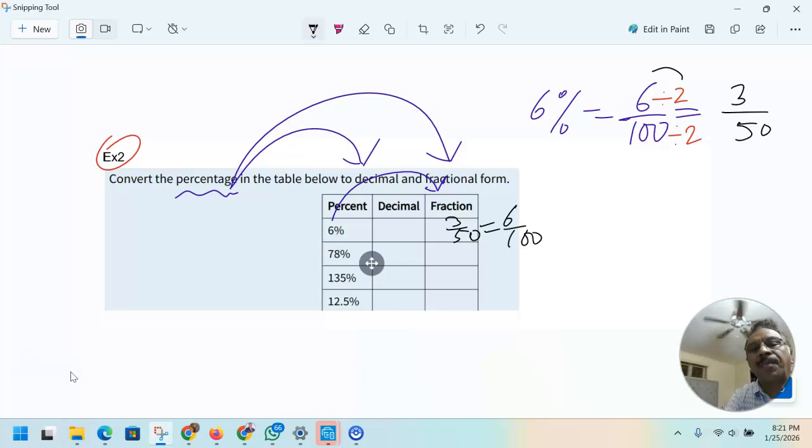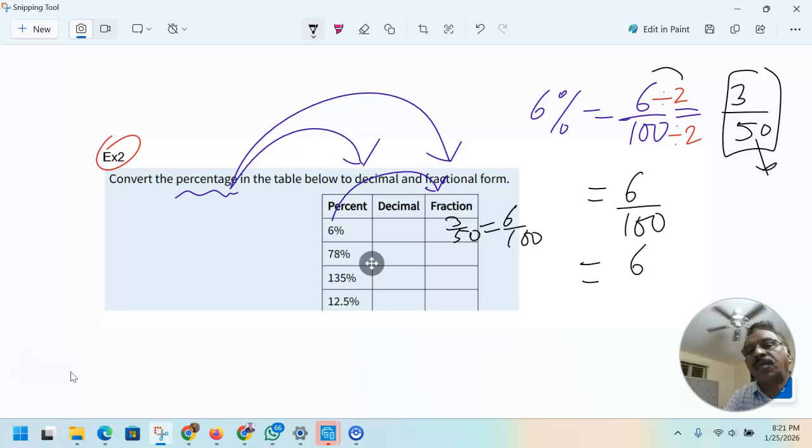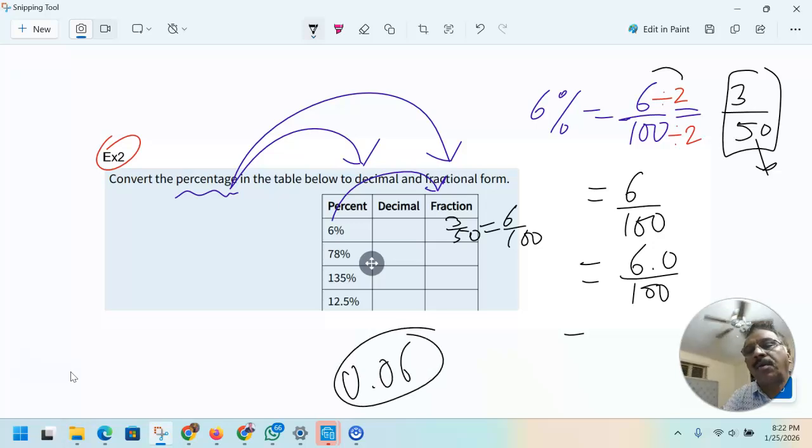Now, if I want to change this to a decimal, a calculator will give 0.06 directly, but how do you get it? If I have 6 over 100, it means 6.0 over 100.